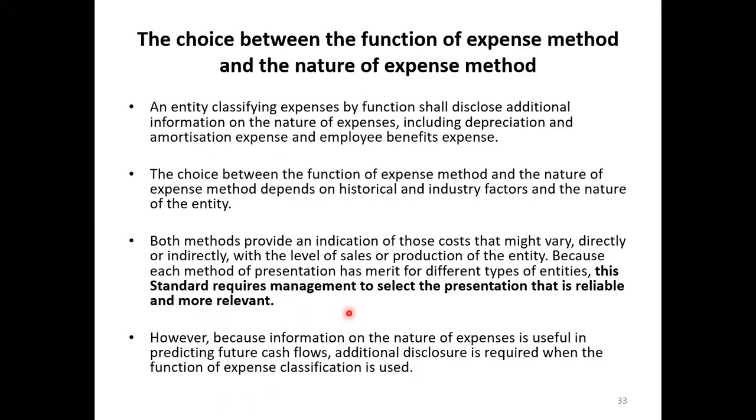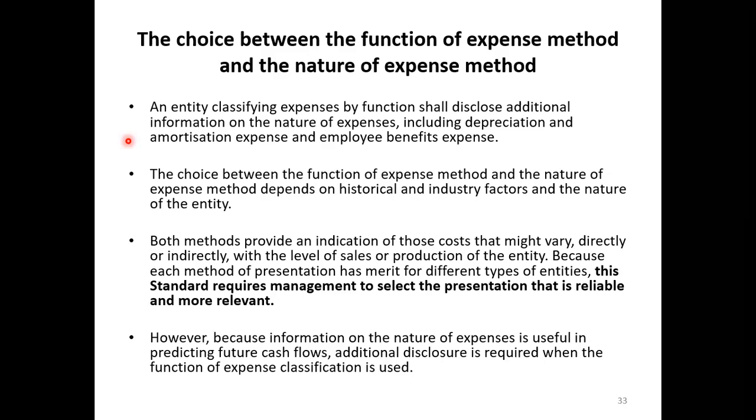The choice between the function of expense method and nature of expense method. An entity classifying expenses by function shall disclose additional information on the nature of expense, including depreciation and amortization expenses and employee benefits.